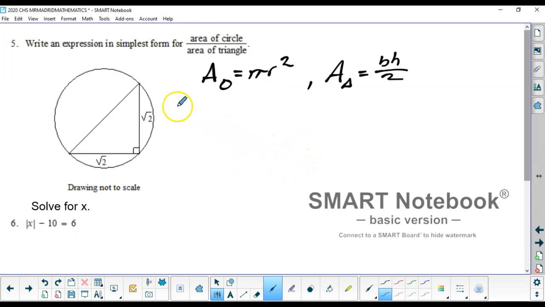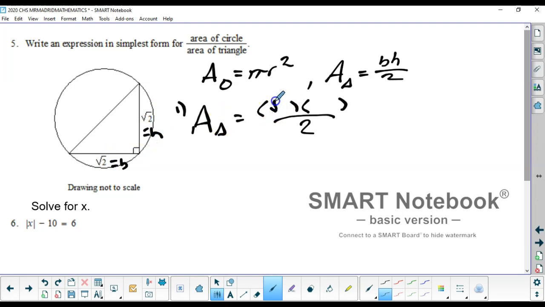So the easy one would probably be the area of the triangle. That's our first step. Area of a triangle equals, we need to plug in base and height, so this is the base, this is the height.